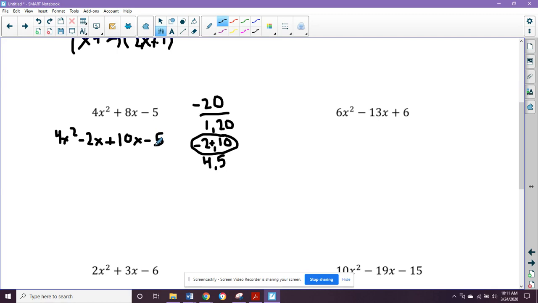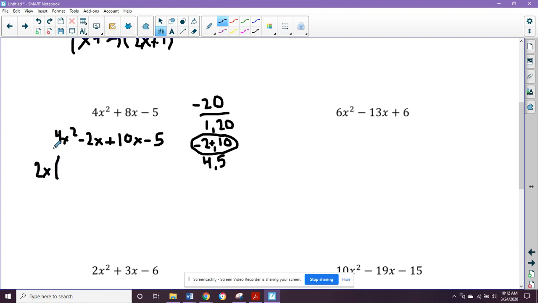Now factor by grouping. Greatest common factor here between 4x squared and negative 2x. So 4 and 2, greatest common factor would be 2. X squared and x. The most amount of x's you can take out of both would just be 1. So greatest common factor here is 2x. And then what are you left with?